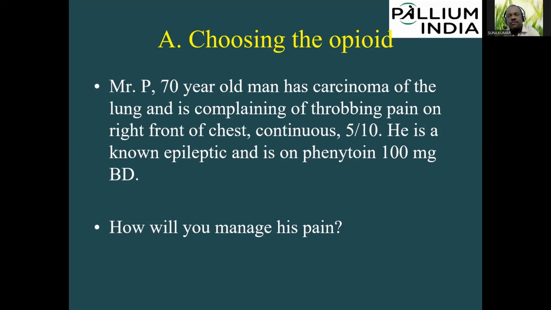That means tramadol can sometimes precipitate seizure in patients who are non-epileptic or patients who have brain metastasis, etc. So it may not be the choice, but if you don't have any other medication, you can give tramadol. But just understand that tramadol can precipitate a seizure in this patient.